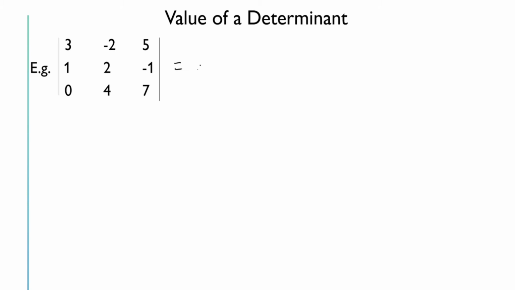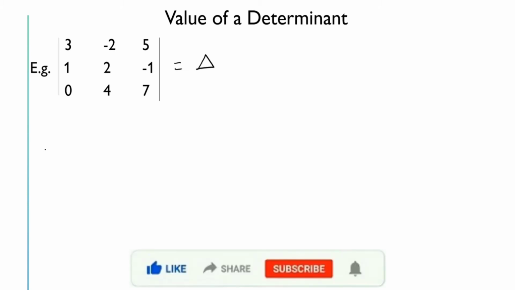Now let us take this as equal to delta. So delta is equal to, we have to take the first element. First element is positive. So 3, we have to delete the row and column of that element and then take the determinant of the remaining.